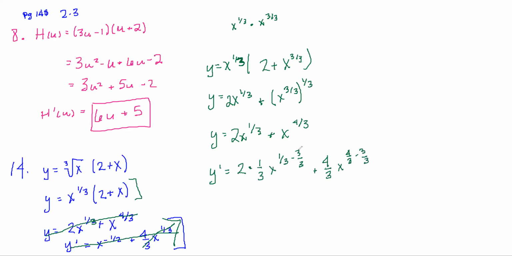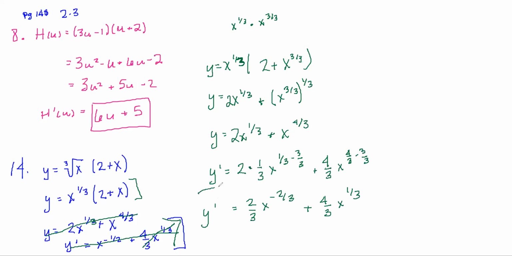And so I'm writing 1 out as 3/3. So this is going to be equal to 2/3 x to the negative 2/3 plus 4/3 x to the 3rd. And that should be the correct answer.